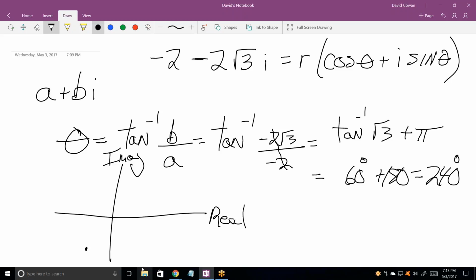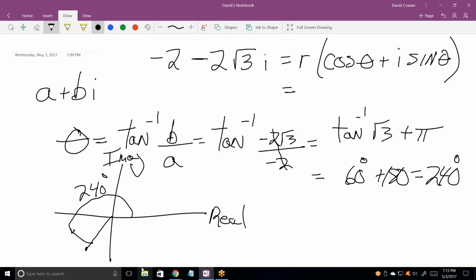And this is the angle. If I draw a ray, that is a 240 degree angle. And it makes sense. That's why we had to add pi, because otherwise I would have gotten 60 degrees and I'd have been in the wrong quadrant. So that's why you add pi when the denominator is negative.